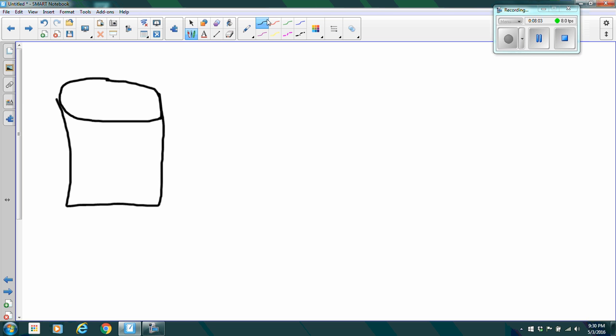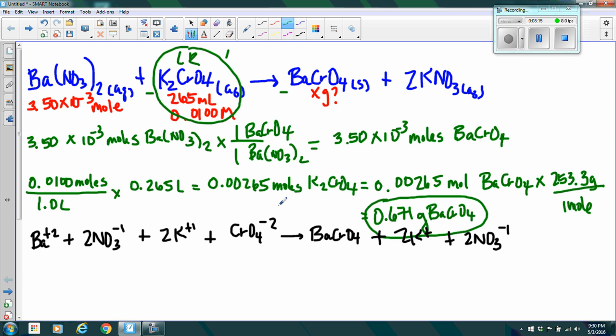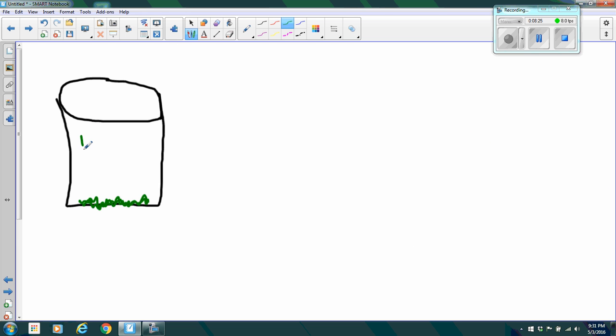Okay, so I have my beaker in here, and I am going to be making barium chromate. So I have my barium chromate solid that's sitting here on the bottom. And if we take a look at our right-hand side of our equation over here, here's my solid that I just drew. Then I have 2 potassium ions and I have 2 nitrate ions. What those are doing is they are sitting up here in my solution above the precipitate.